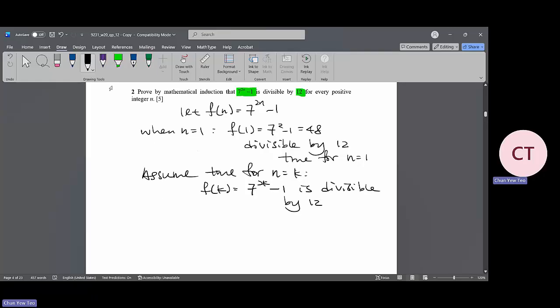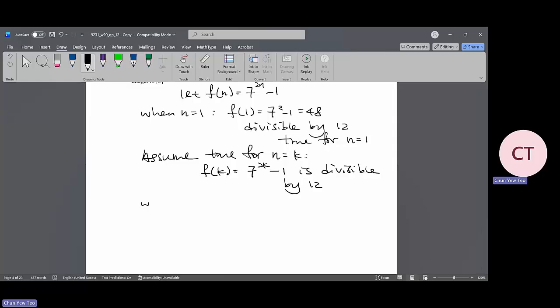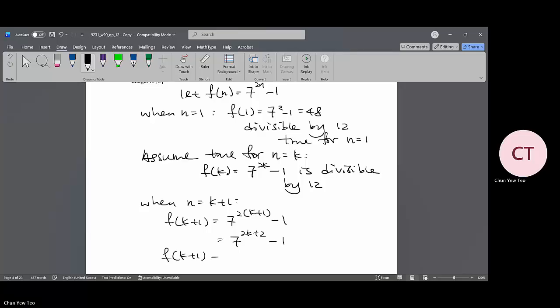Then now when n equals k plus 1, you will be having Fk plus 1 is equal to 7 power 2 of k plus 1 minus 1. And you make it become 7 power 2k plus 2 minus 1. And you take Fk plus 1 minus Fk.